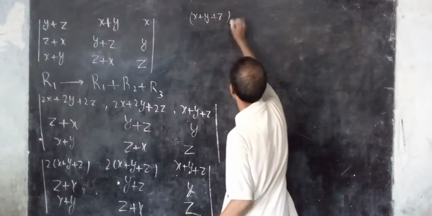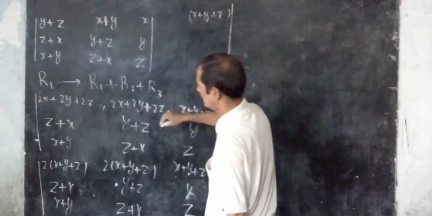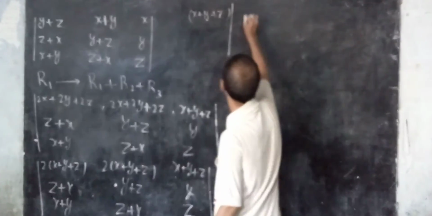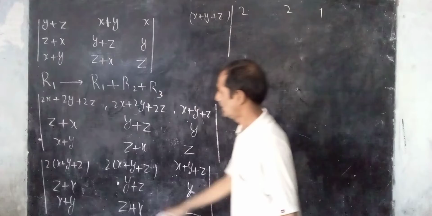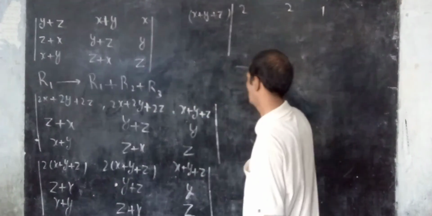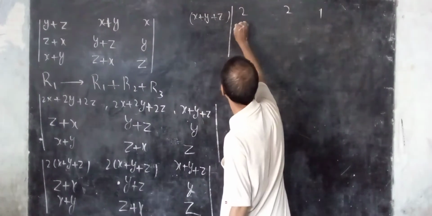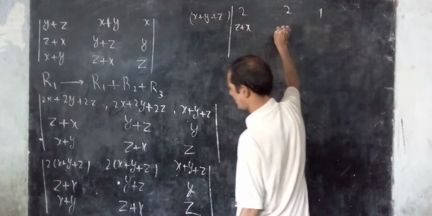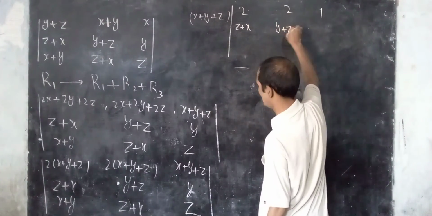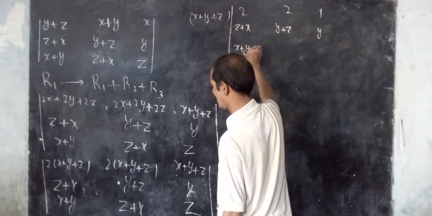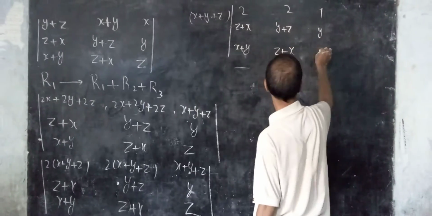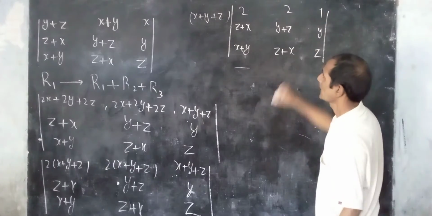Then this becomes 2, this becomes 2, this becomes 1: 2, 2, 1. And there is no change in the second and third rows. So write this, and it is y plus z, y, x plus y, z plus x and z.